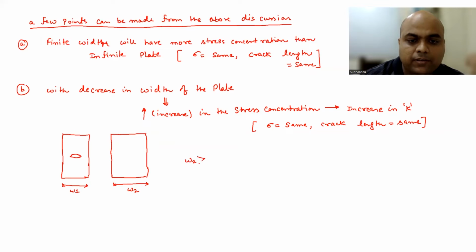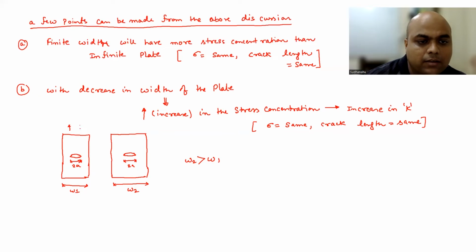So W2 is greater than W1. The crack length remains the same here. This is 2a, this is 2a, and both are under the same applied stress of sigma.